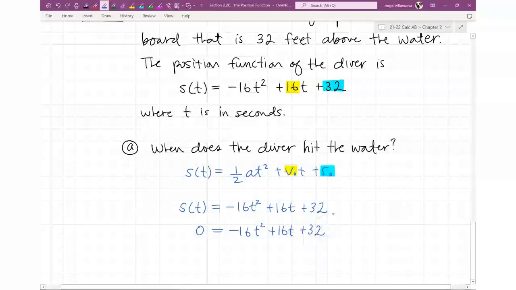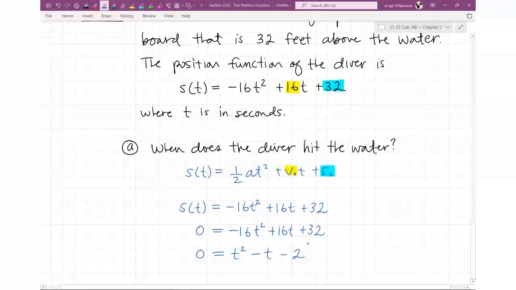Now I'm going to divide everything by negative 16, because they are all divisible by 16. That gives me 0 equals t squared minus t minus 2.